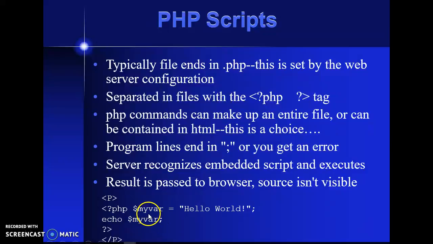There is a variable called myvar which is assigned the sentence hello world, and to print a statement we will use the echo command. So my variable is being printed, so the output will be hello world.